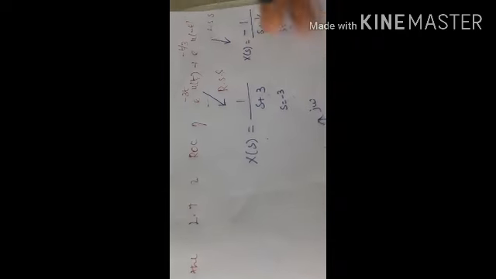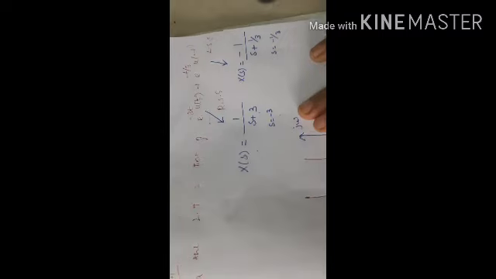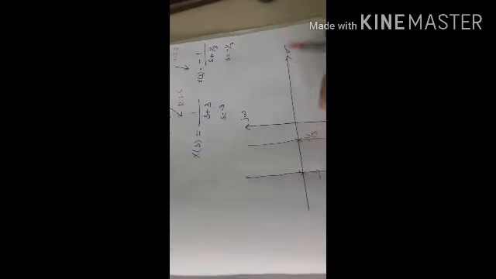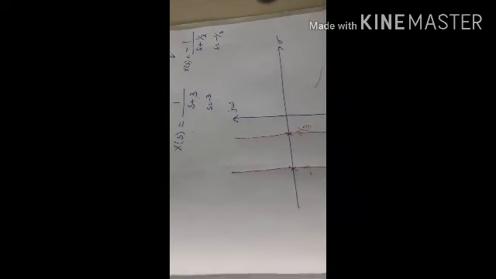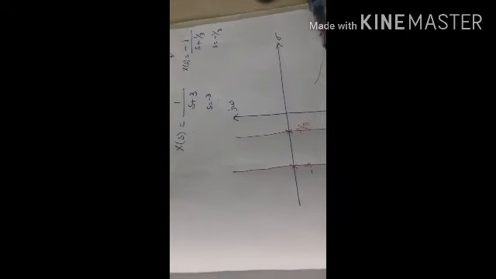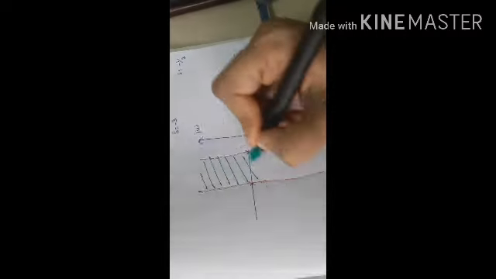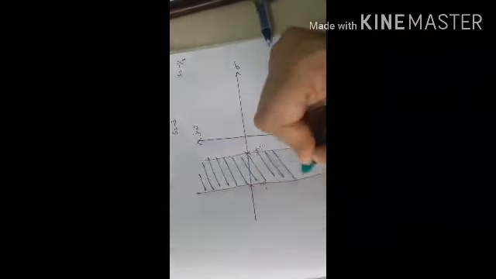Now we will plot it. For s is equal to minus 1 by 3, we have to plot the region of convergence on the left side. So this is the region of convergence for s is equal to minus 1 by 3.